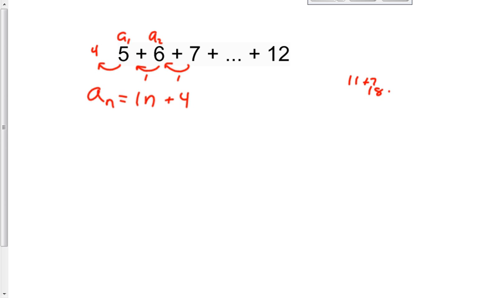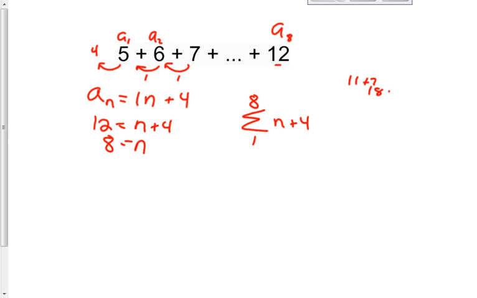I need to know which n term gives me 12 for an answer. 12 equals n plus 4. n is 8. This is the 8th term. I need to know that number because I will be adding the first 8 terms when I write my sigma notation. So from the first term to the 8th term, according to the rule, n plus 4.